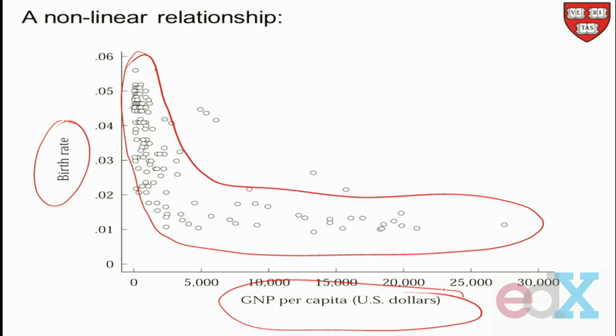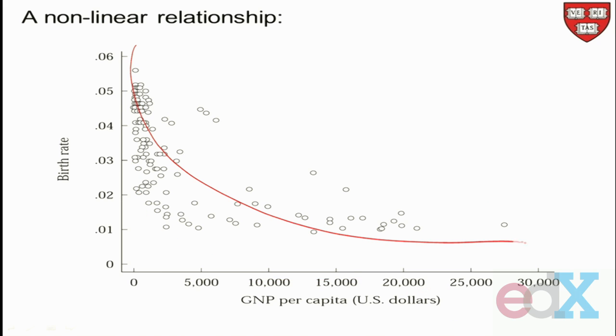So if we do a scatter plot and end up with something that looks like this, which isn't linear, we can argue that this is sort of like this. Let me draw that again. So this is sort of like that. It's not linear.